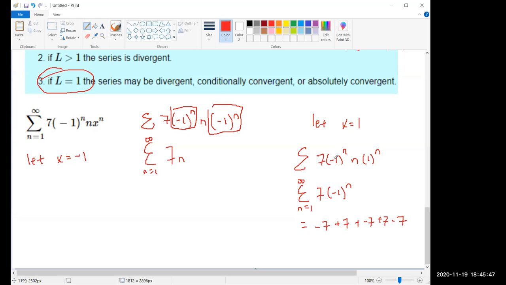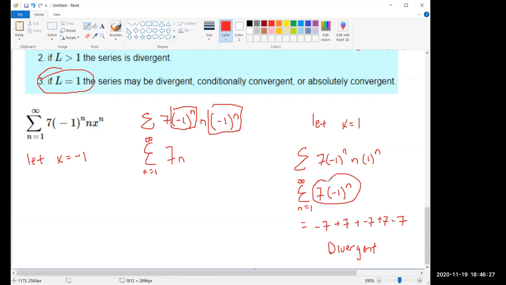Well, this is actually divergent, and the reason I believe this is divergent is because, what's the divergence test? Yeah, it's the divergence test. If you take the limit of this expression here, you're not going to get 0.